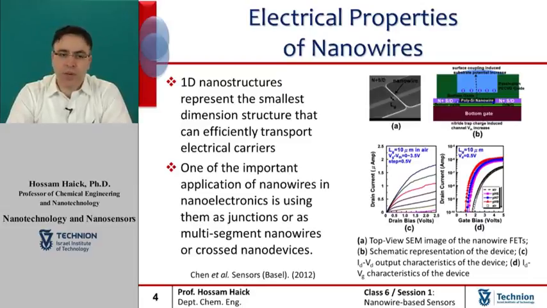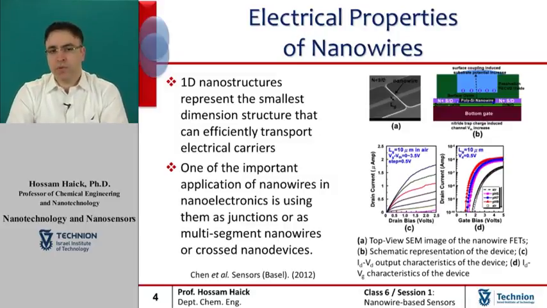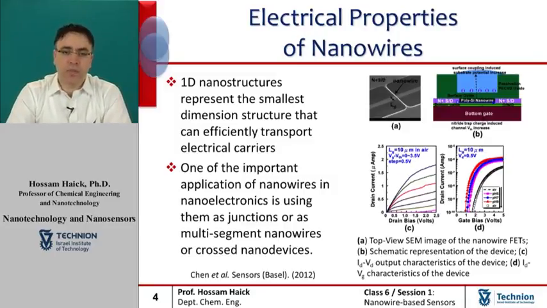Electronic transport phenomena in low-dimensional systems can be roughly divided into two main categories. The first category is called ballistic transport, and the second category is called diffusive transport. Ballistic transport occurs when the electrons can travel across the nanowire without any scattering.